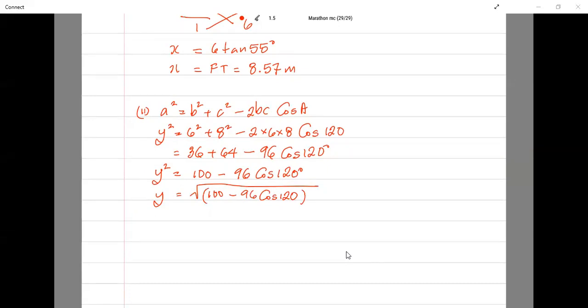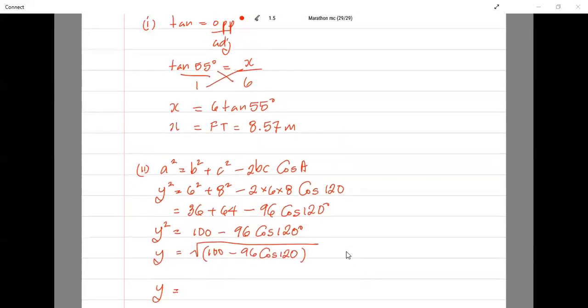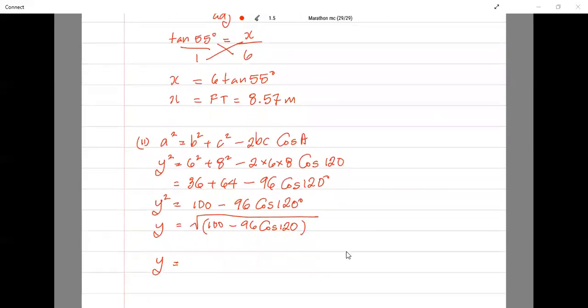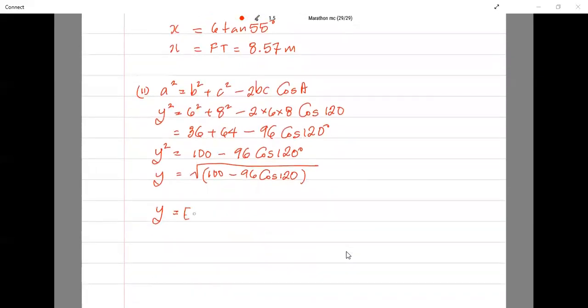So y, which is EG, is equal to 12.2 meters to 3 significant figures.